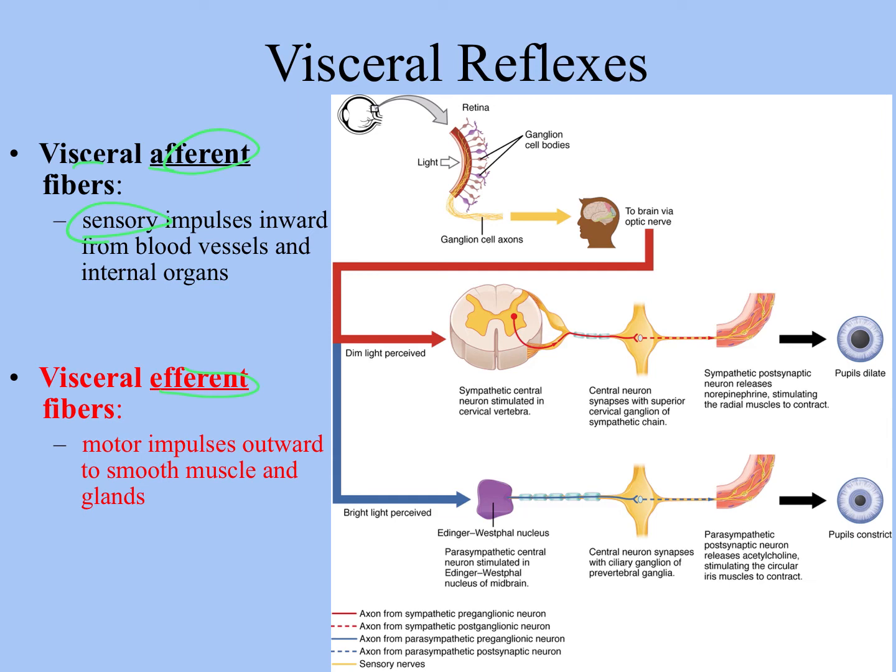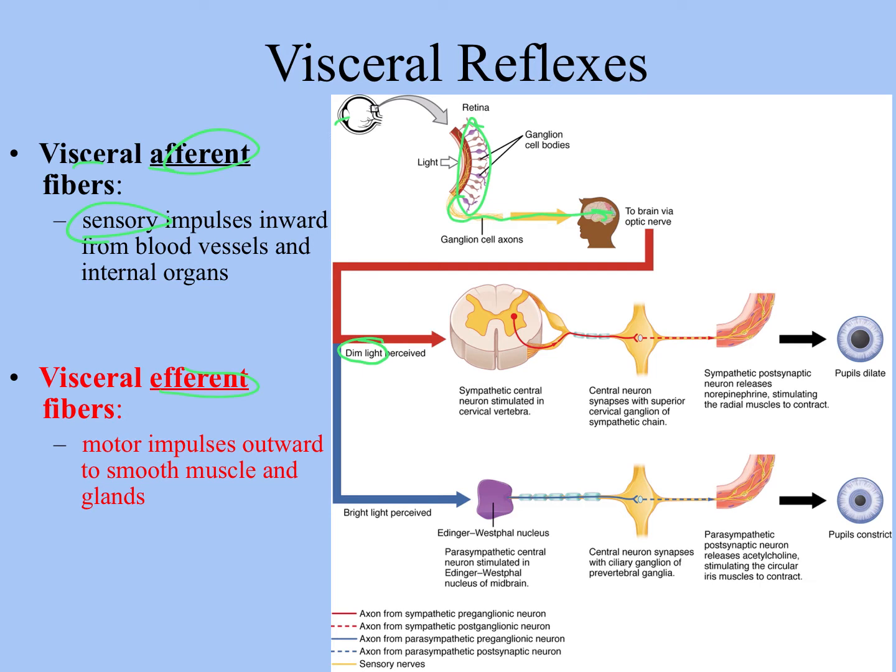So an example of one of these visceral reflexes is, let's say that you have light that is entering the eye. That's going to be picked up by these cells in the retina. That's going to send signals to your brain through the optic nerve, and through that optic nerve going to the brain, your brain's going to say, all right, we're detecting dim light.